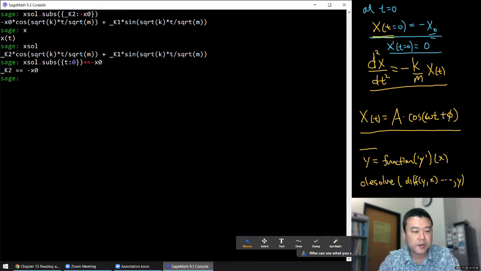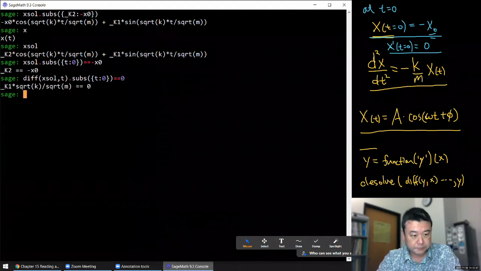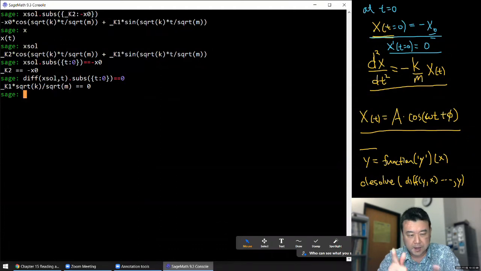The condition we are trying to set is that the derivative of x with respect to t, my first derivative, velocity, when I substitute in t equals 0, I want that to equal 0. Then I get this combination of expressions, which means k1 is equal to 0. Let me declare a variable k1.